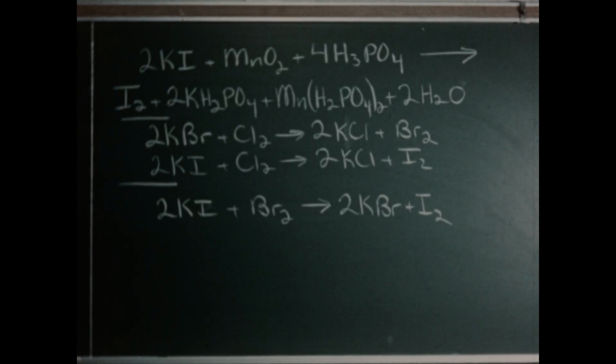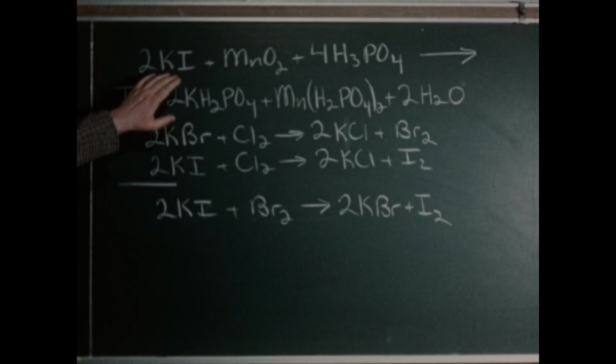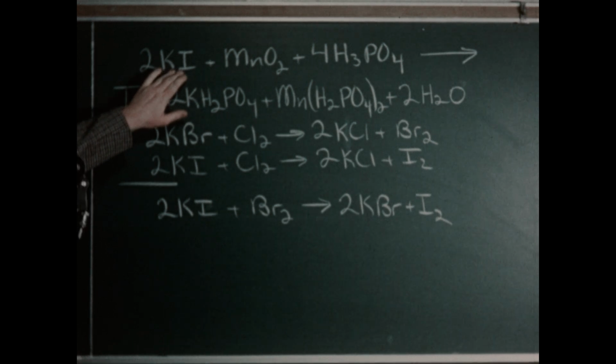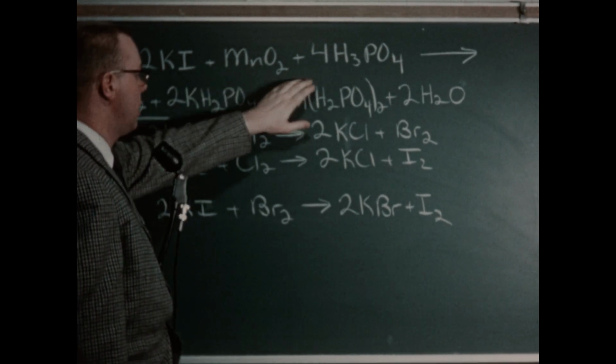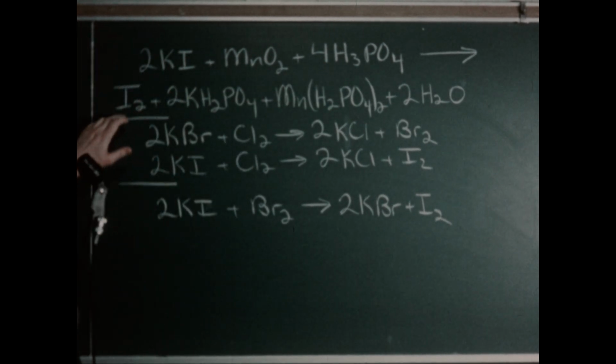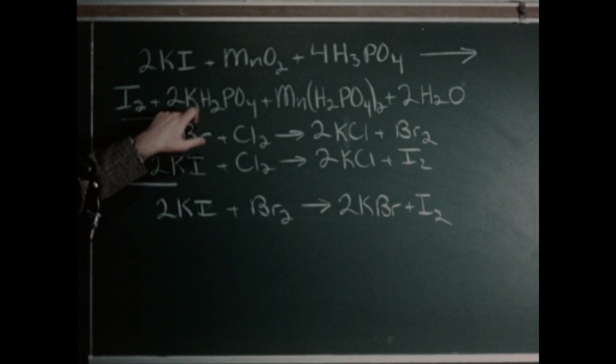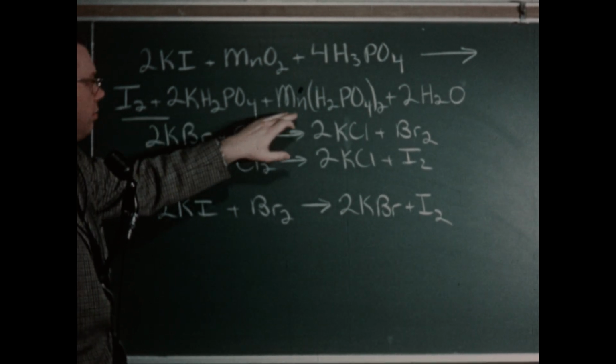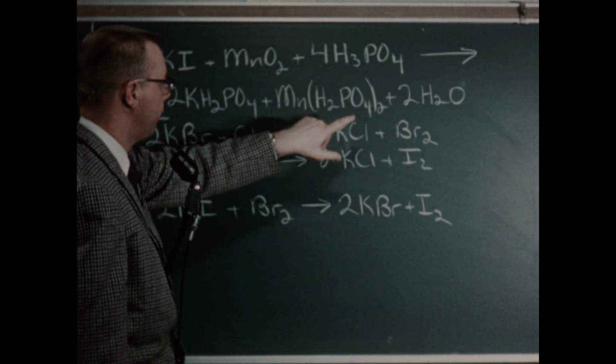In the preparation of iodine, we used the same type of reaction that we used before for bromine. We took a mixture of potassium iodide, manganese dioxide, and phosphoric acid on this occasion, and obtained iodine, potassium hydrogen phosphate, manganese hydrogen phosphate, and water.